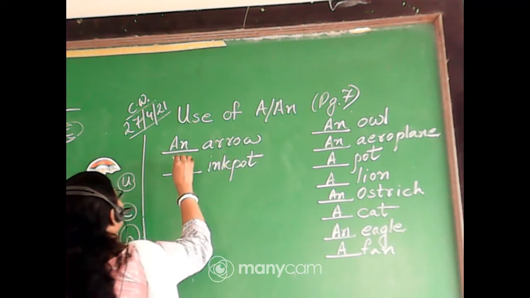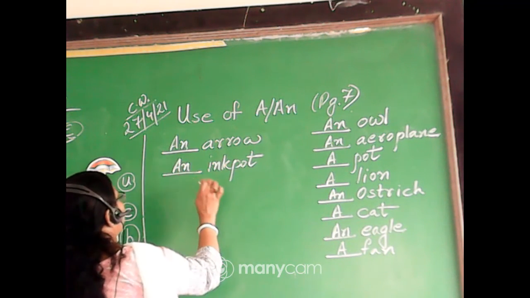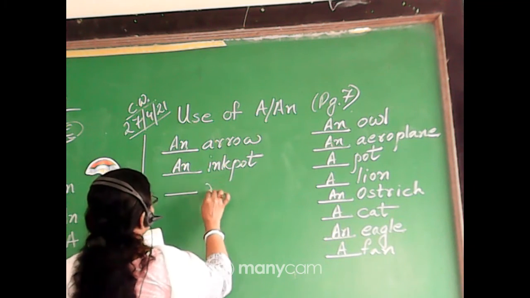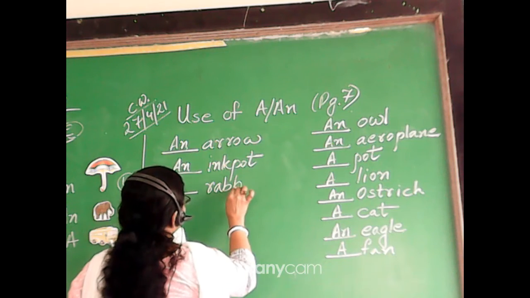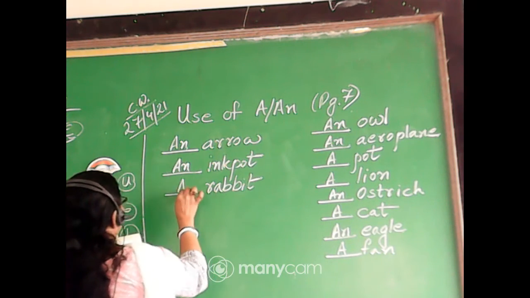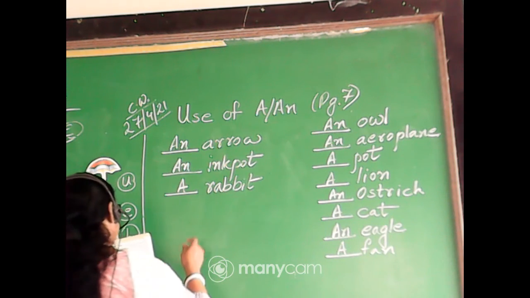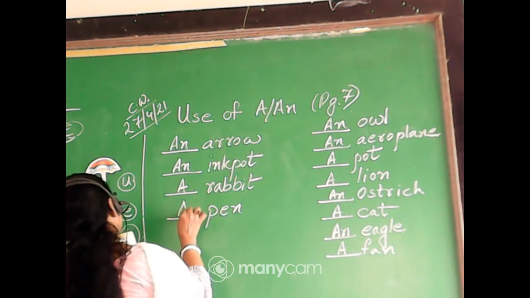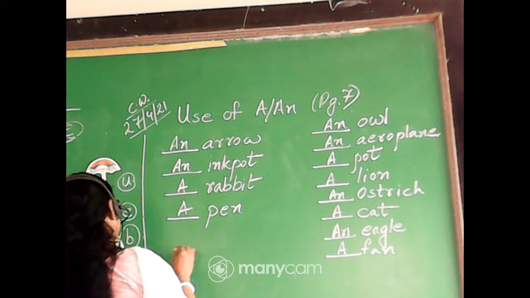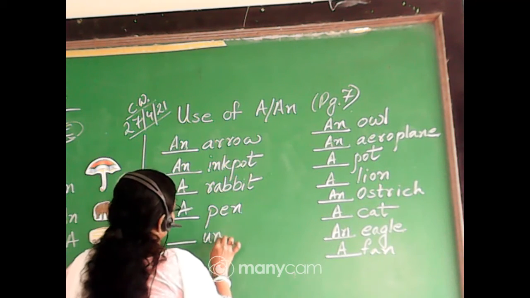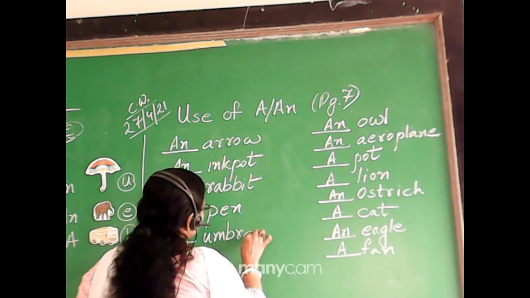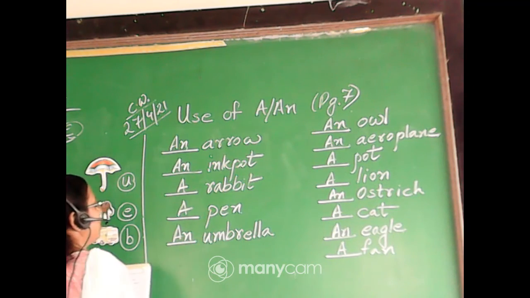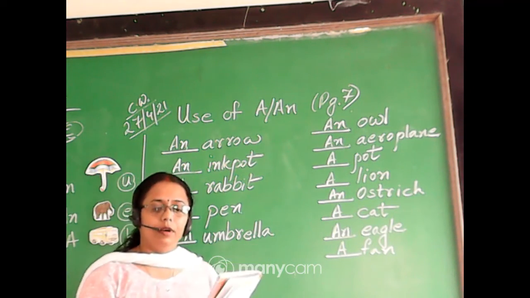I is a vowel, an ink pot. Next dash rabbit, a rabbit. Dash pen, a pen. Dash umbrella, an umbrella.